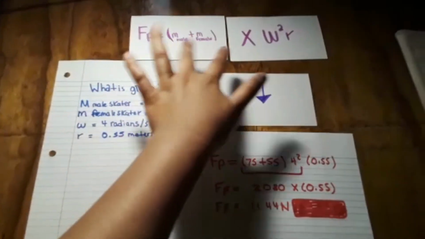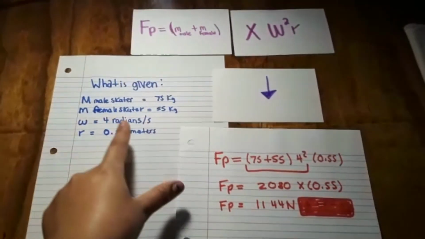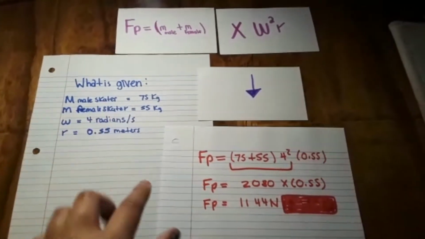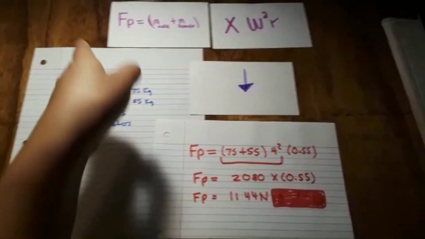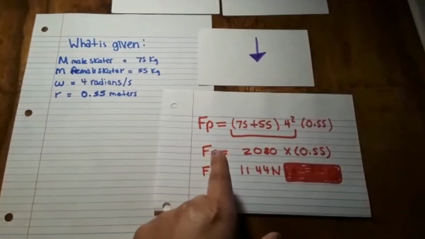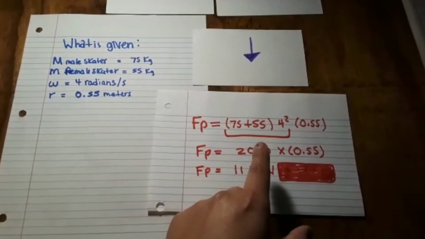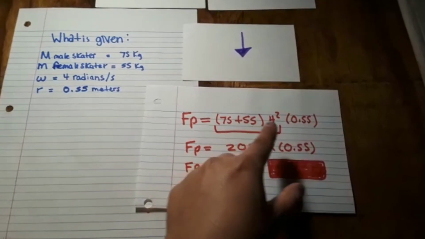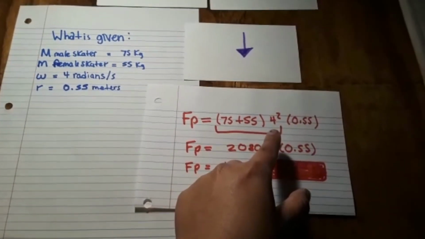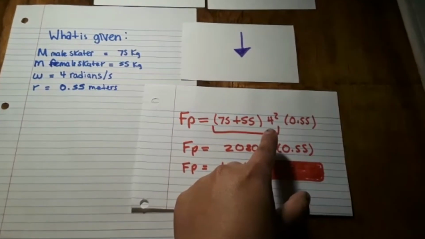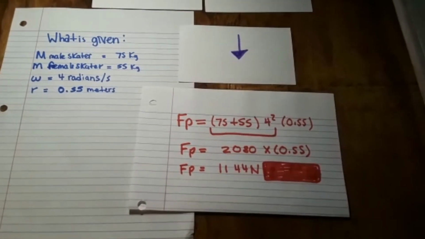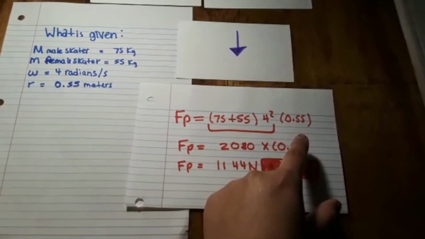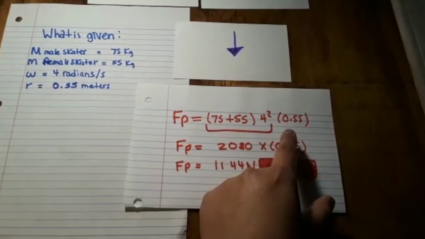We are going to use this formula as I explained, and this is what was given, which I also explained, and we're going to insert all this information into this formula, which is 75 plus 55, the masses of both figure skaters combined, times the radians per second, which is our rotational rate, times our radius.